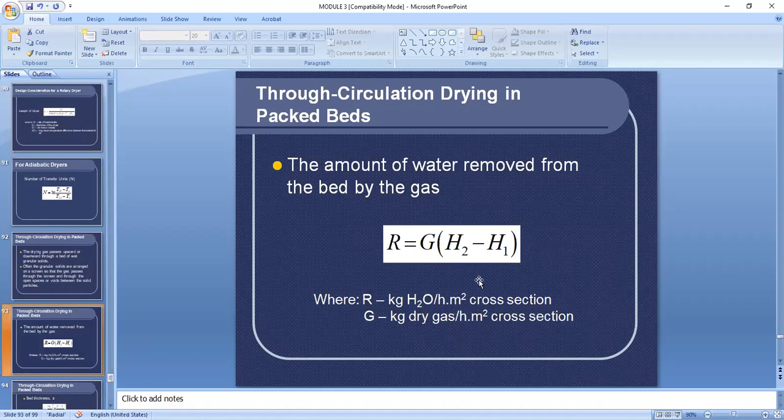If you know the cross-sectional area, if there's a way for this to be determined, then you have the amount of water removed from the bed in mass per unit time. Now, the G is the kilogram of dry gas, oftentimes air, that is supplied per hour, again per square meter or per unit area of the cross-section where it is going to pass through.